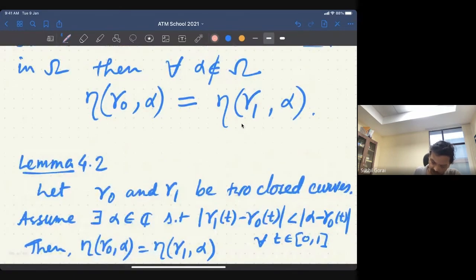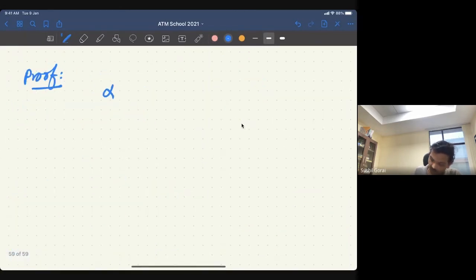In this lemma, alpha should not lie on the trace of gamma naught or the trace of gamma 1. Otherwise, you cannot define the index or the winding number. So that part is crucial. So alpha does not belong to gamma naught and alpha does not belong to gamma 1.